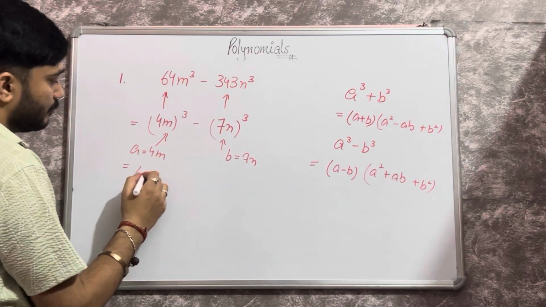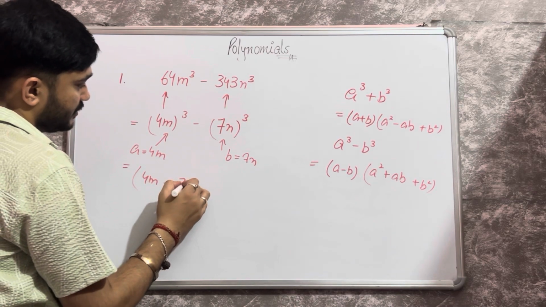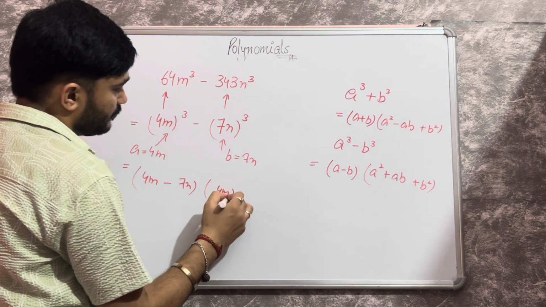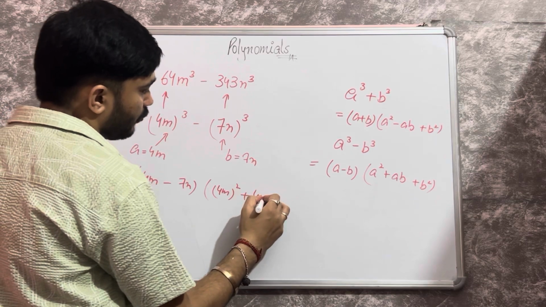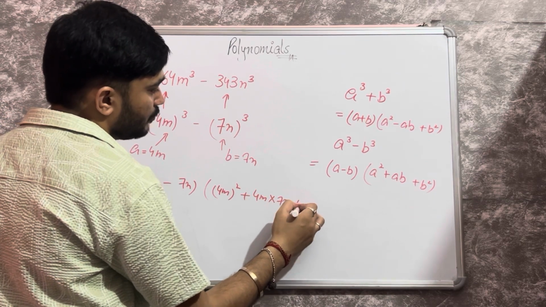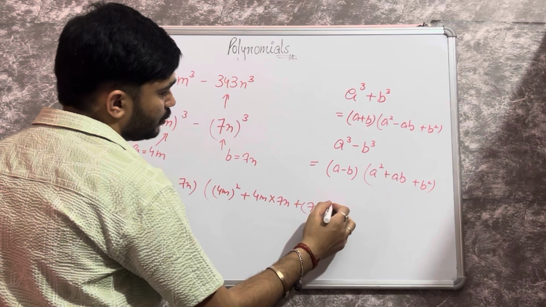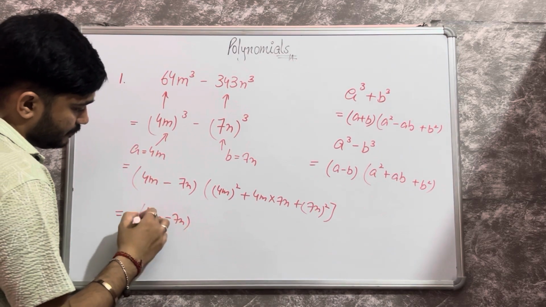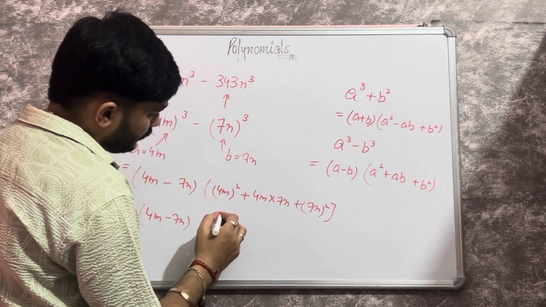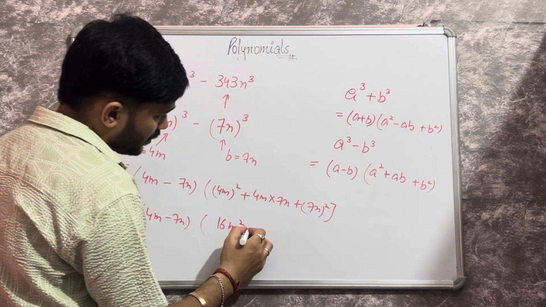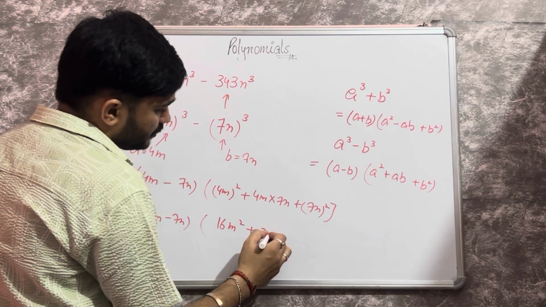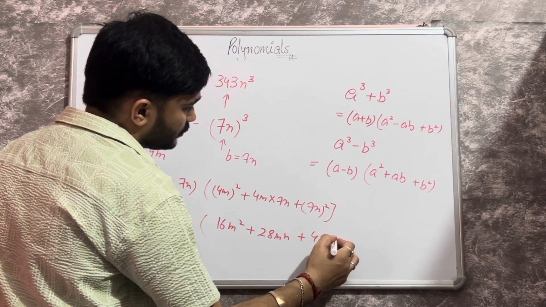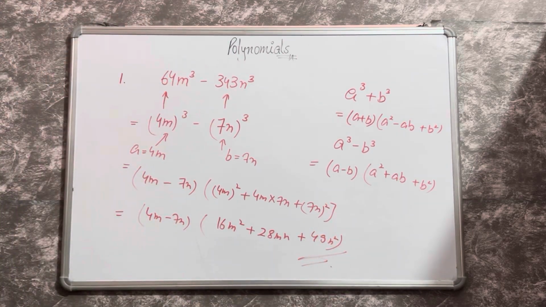So we are going to have 4m minus 7n, bracket on 4m's whole square plus 4m into 7n plus 7n's whole square. So our answer is going to be 4m minus 7n, and it is going to be 4 square is 16 m square plus 4 7s are 28 mn plus 7 square is 49 n square, and this is our final answer. Any doubt?